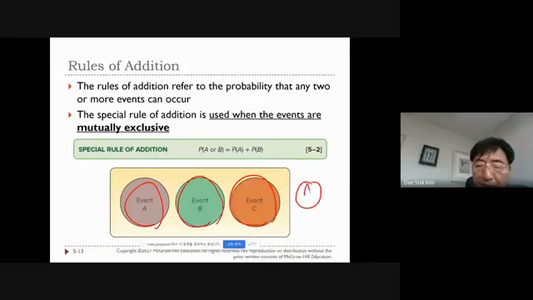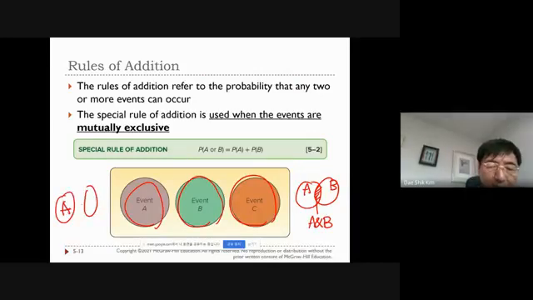In a Venn diagram, A and B may both occur in the overlapping area, but here A appears and B never appears because they are totally separate. A, B, C are all totally separated. So in this case, A or B.